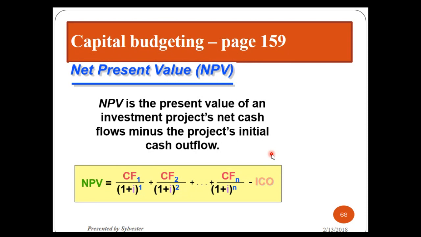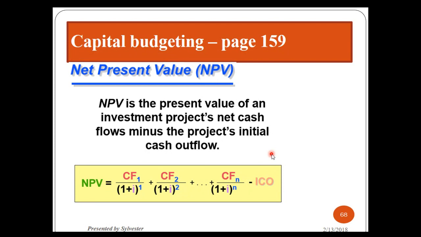In a nutshell, this means when we have to decide on a project, we can either use the payback period. Remember, I said the payback period is not preferred, but it's one of the techniques which you can use. The most reliable method is called the net present value. The net present value will help us to identify which one is a viable project.